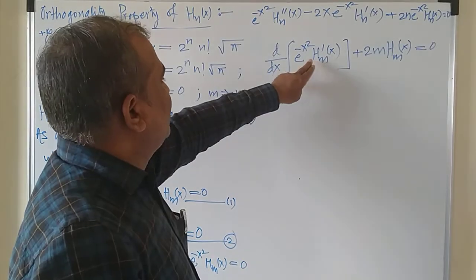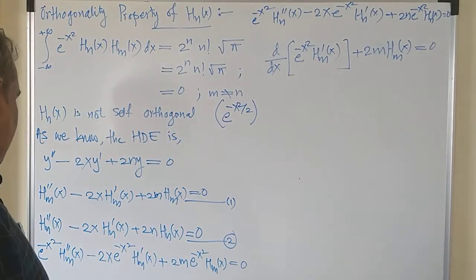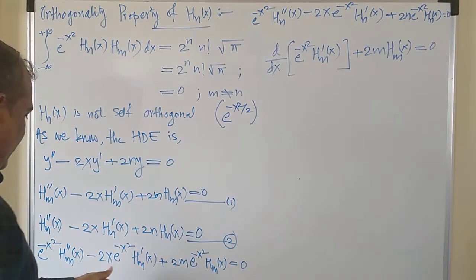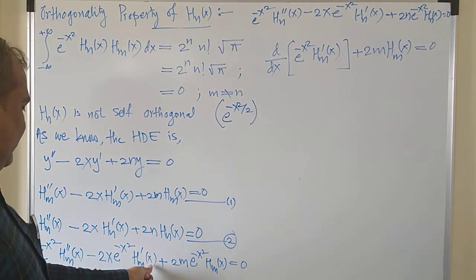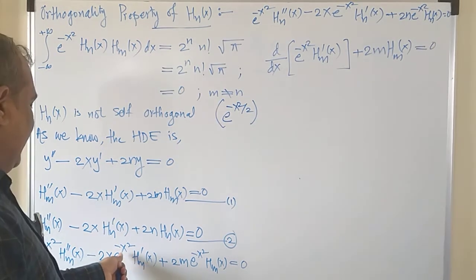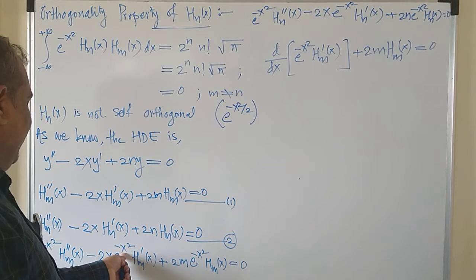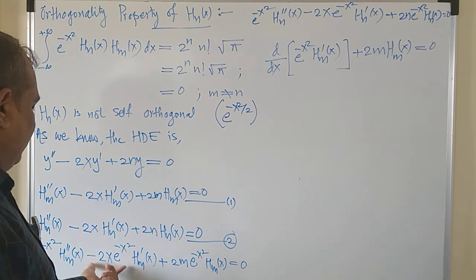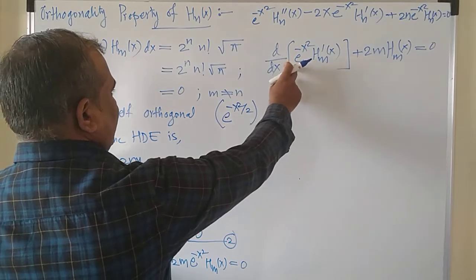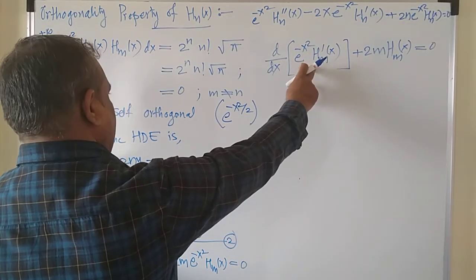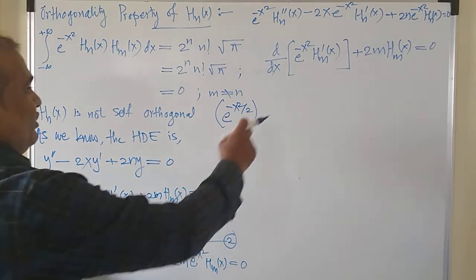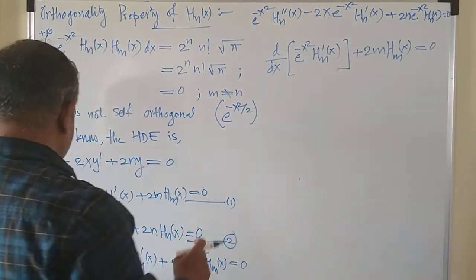So first function into differentiation of second. First function Hm dash of x as it is into differentiation of e raised to minus x square, and its differentiation is minus 2x. So this term is minus 2x. So you got this term, right? So first function into differentiation of second plus second function, that is e raised to minus x square, into differentiation of first, Hm double dash of x, the first term.